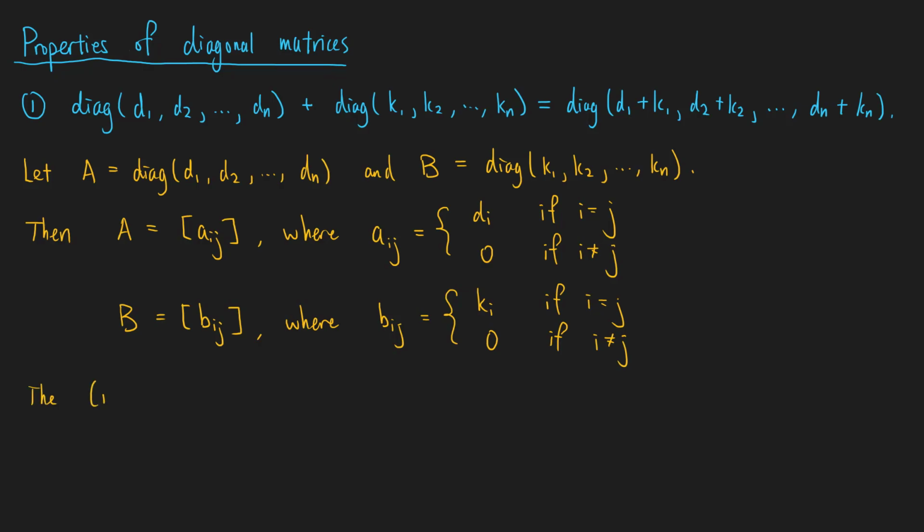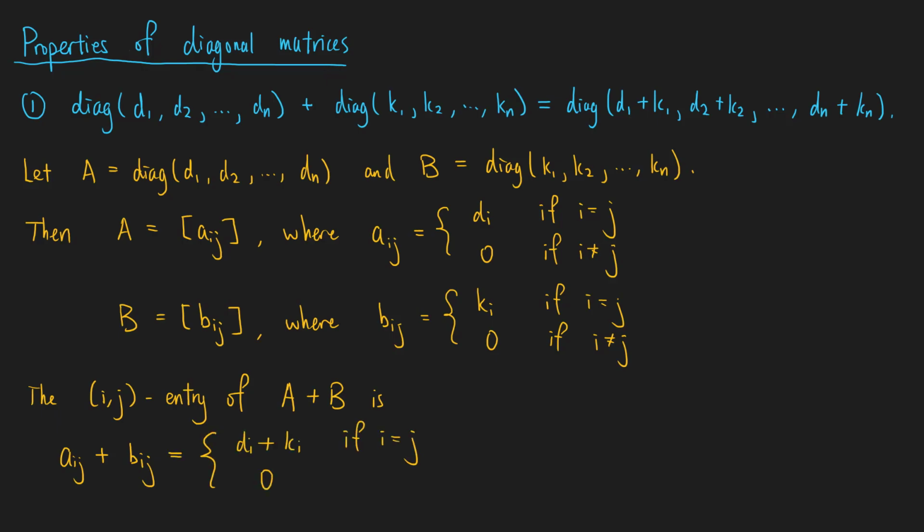Hence, the ij entry of A plus B is a_ij plus b_ij, which equals d_i plus k_i if i equals j and 0 otherwise. So, A plus B equals the diagonal matrix with main diagonal entries d1 plus k1, d2 plus k2, up to dn plus kn.